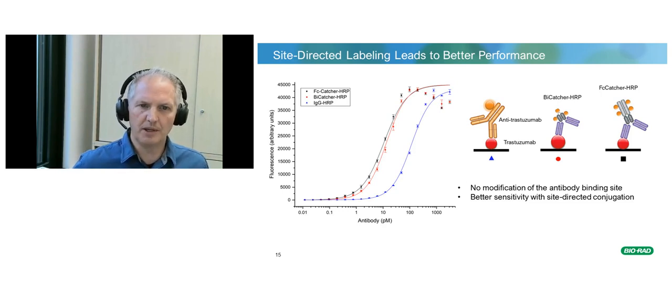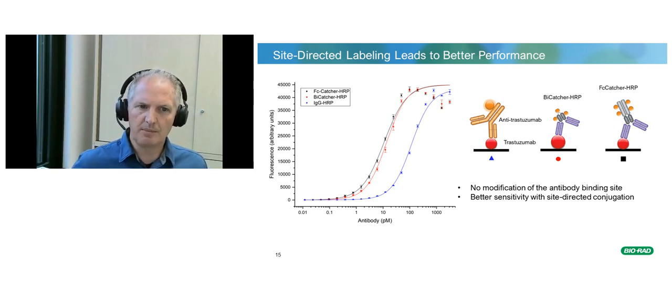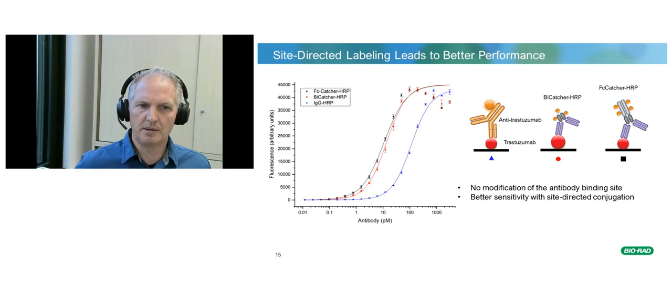That's the blue curve here. If we use our BiCatcher HRP coupled antibody, it's the red curve, which is basically identical to the FcCatcher HRP coupled antibody. And you can see that these coupled antibodies are much more sensitive than the conventional IgG.